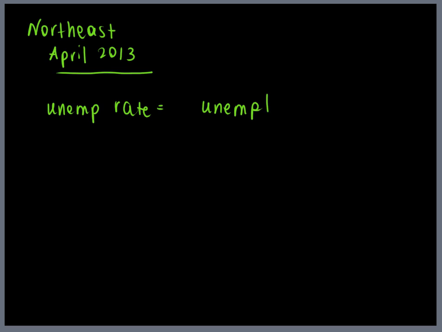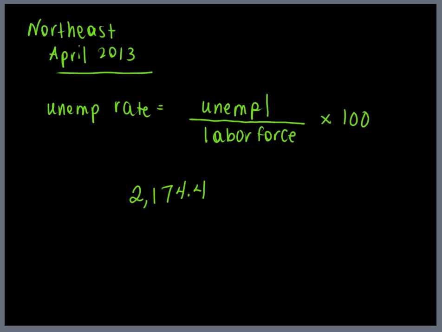To get this as a percentage, I'm going to multiply this fraction by 100. Looking at the Northeast in April 2013, the number of unemployed is 2,174.4 and the number in the labor force is 28,407.2, and I'm going to take this fraction and multiply by 100.